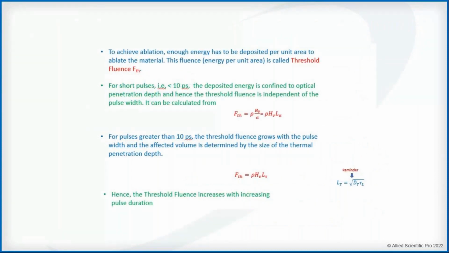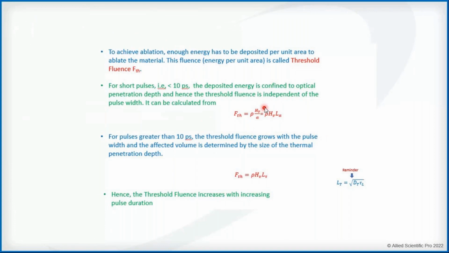To achieve ablation, enough energy has to be deposited per unit area to ablate the material, and we call this the threshold fluence. This threshold fluence, which is the energy per unit area to remove the material, for short pulses less than 10 picosecond, is independent of the pulse width.